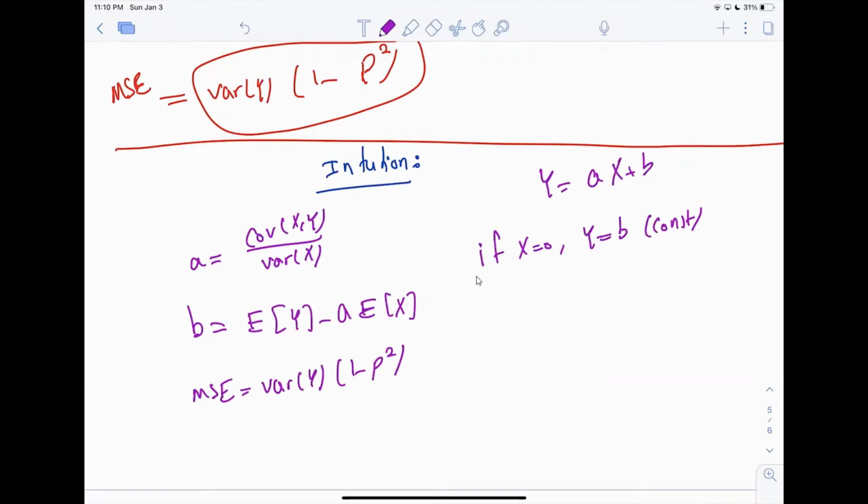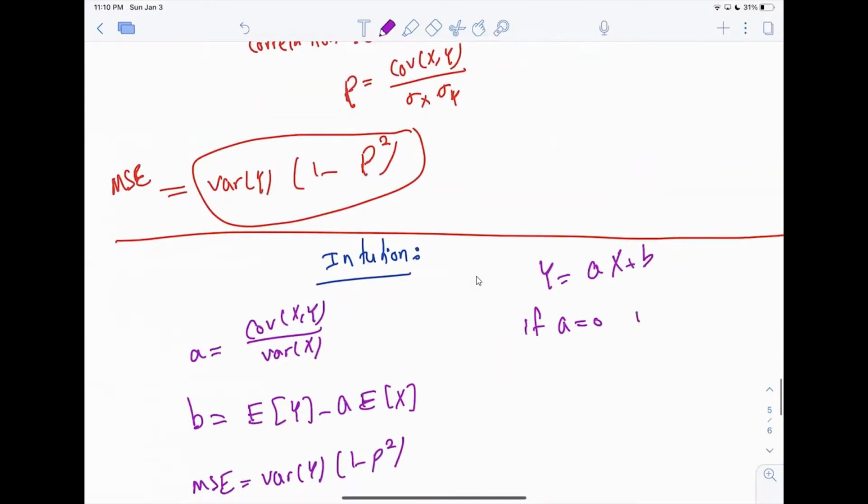Or the best thing to say is, what if a is 0, not x is 0. If a is 0, then y is equal to b, which is a constant.